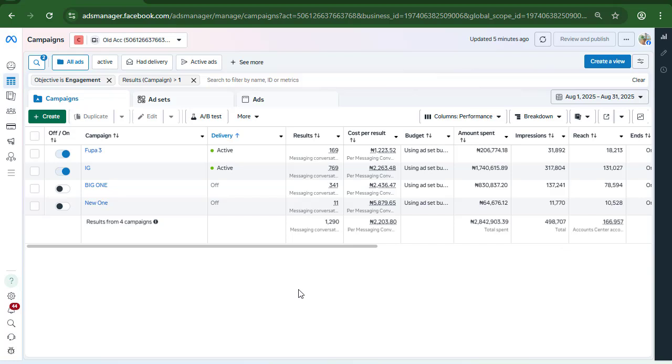Because every time I start a new account or a new campaign for a business, we have to take note of so many things: the cost of the products, the audience you are targeting, you understand, and then the price tag, which is your return on investment.